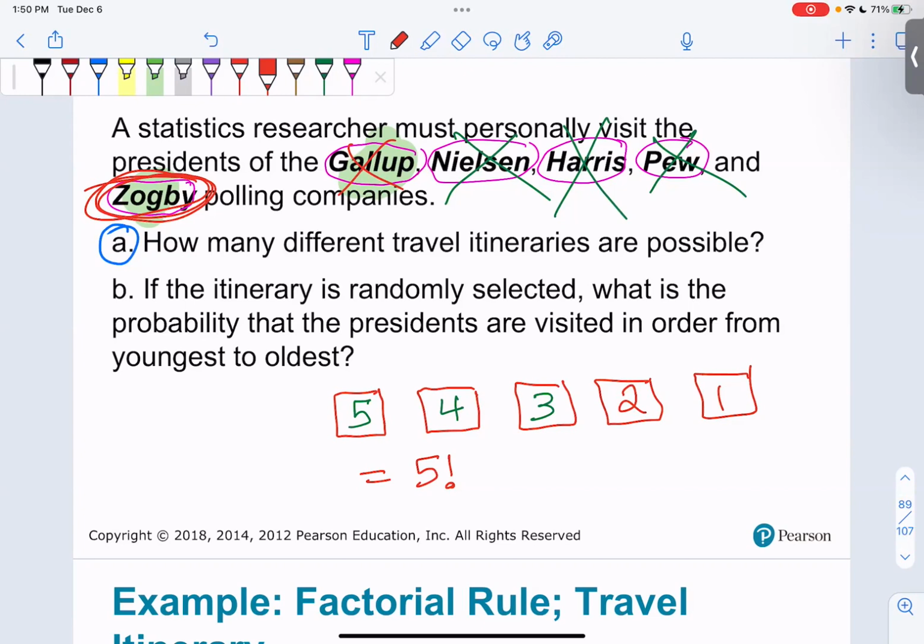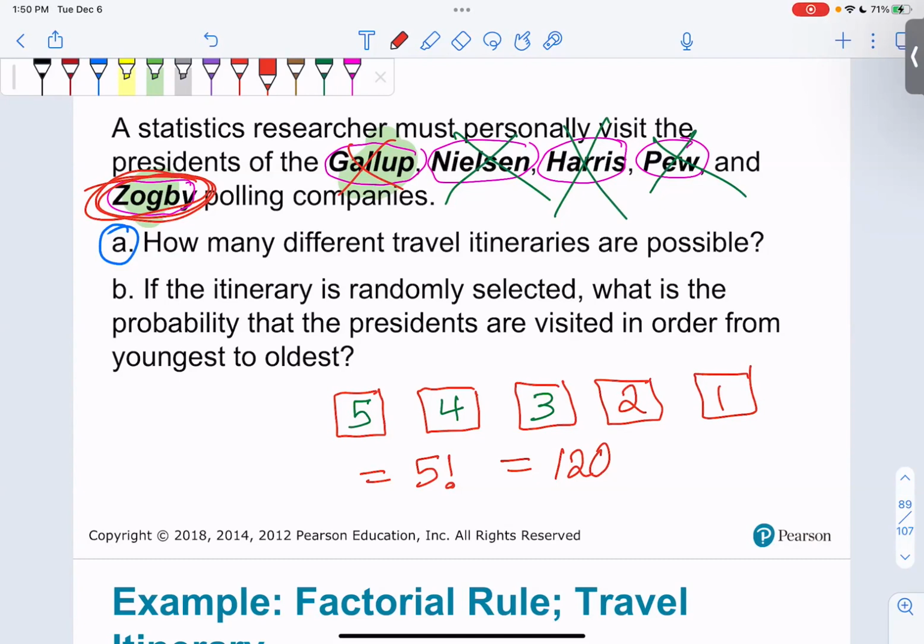Okay, so how many different ways? 6 times 4, 24, 24 times 5, it will be 120. So he has 120 different ways to visit those 5 companies, 120 different possible combinations of visiting each of those.